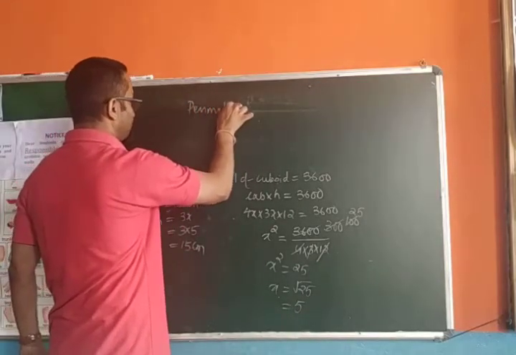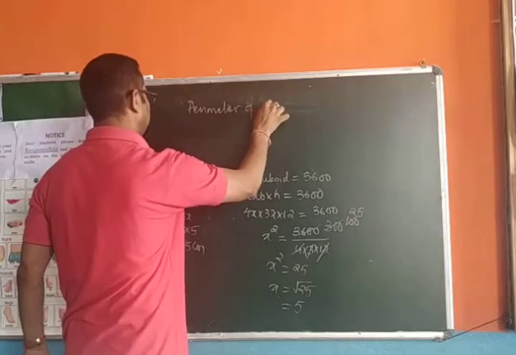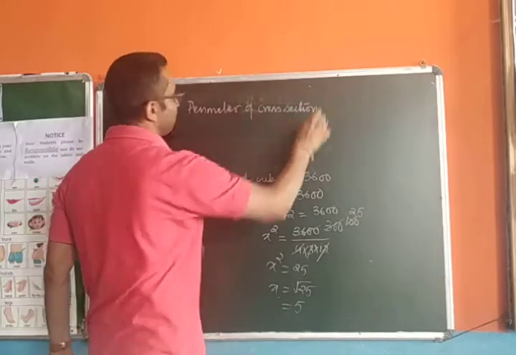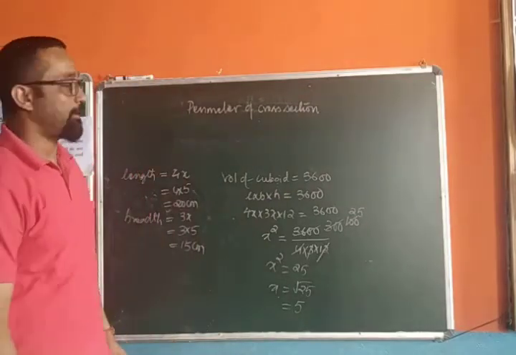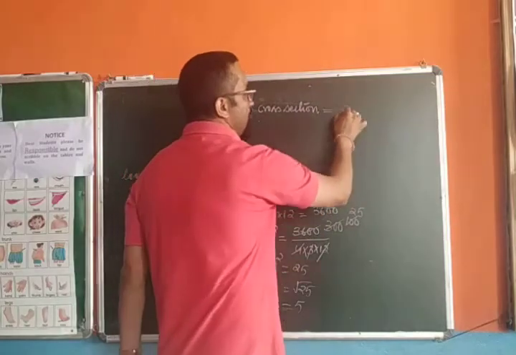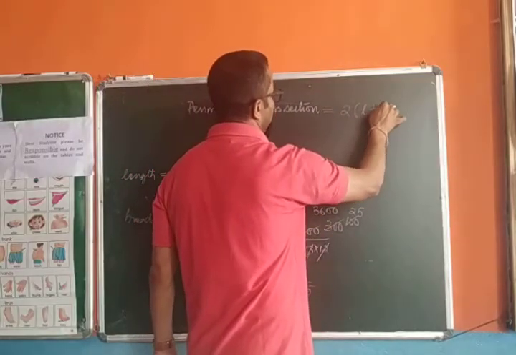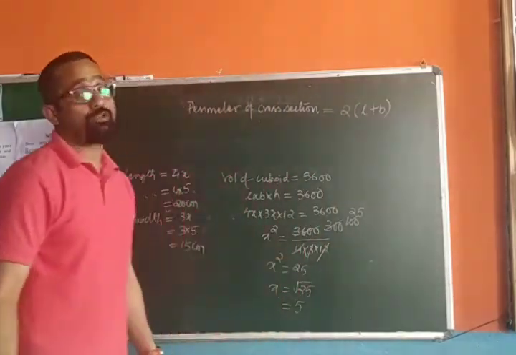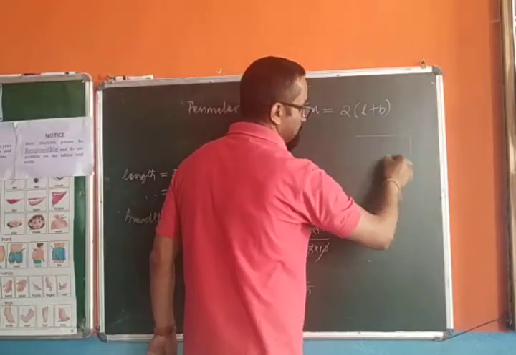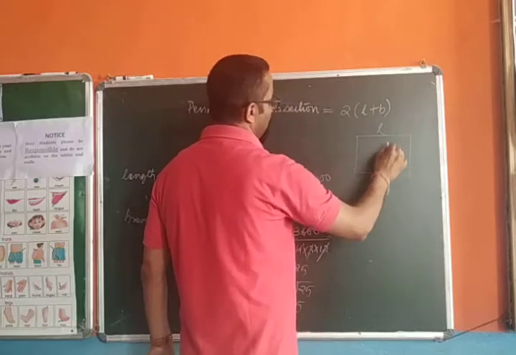Perimeter of cross section. And cross section is in form of rectangle, and the perimeter of rectangle is twice length plus breadth. This is the formula to calculate perimeter of a rectangle. It has two length.